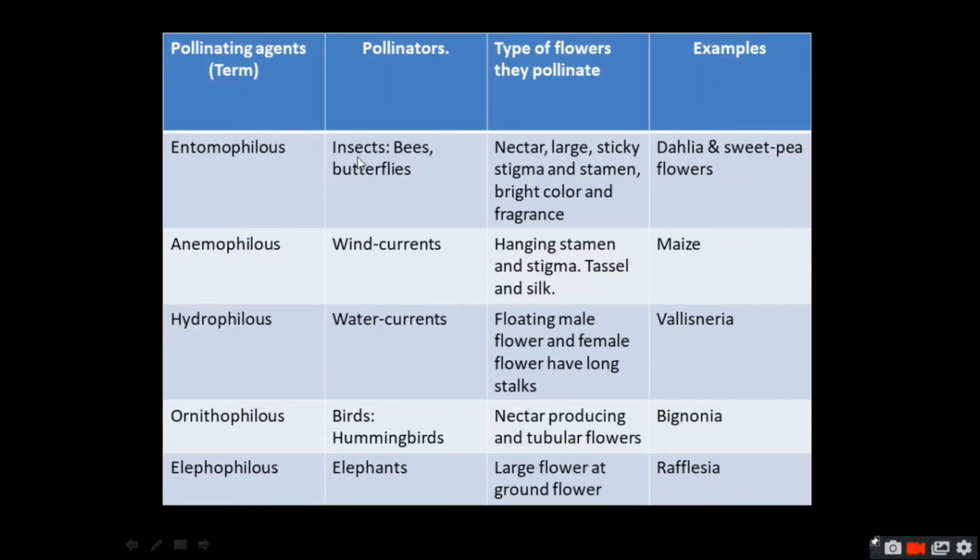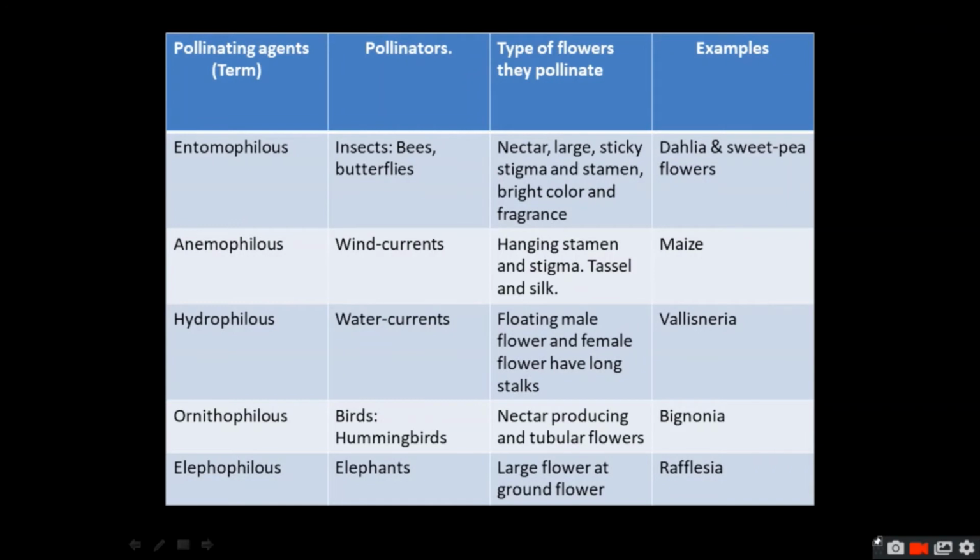So the insect pollinators are attracted towards flowers that have nectar. They must be attractive and large, with sticky stigma and stamen. The stamen and stigma should be sticky and of bright color, and the flower should have fragrance. The examples are dahlia and sweet pea flowers. These are the examples for the type of pollinating agent which is insects.